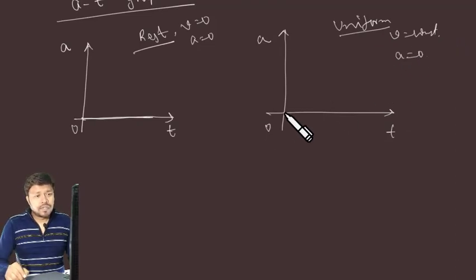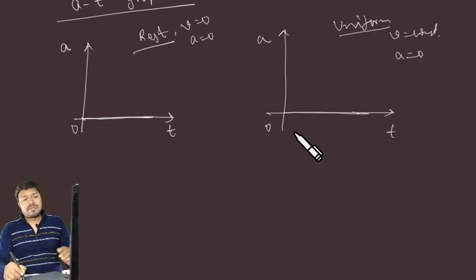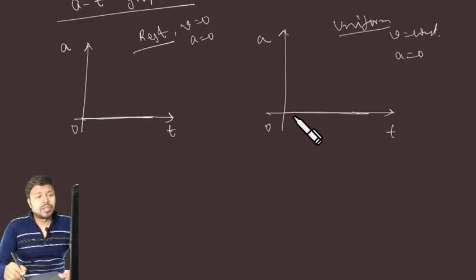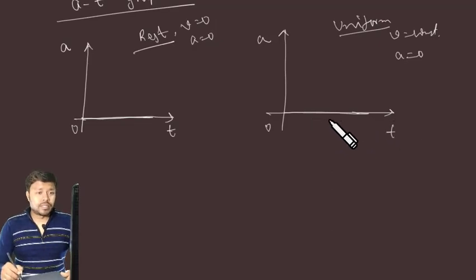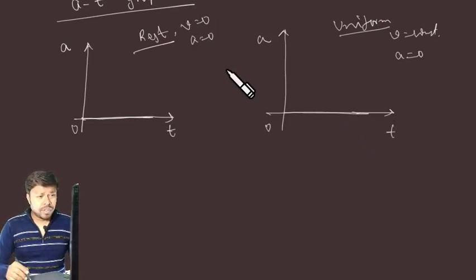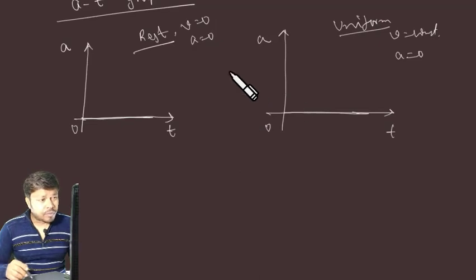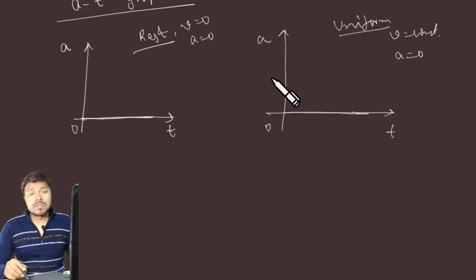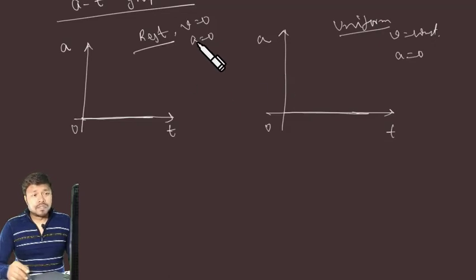Means again the graph would look like this. Simply the line through the t-axis. Alright, the graph will coincide with the t-axis. That means from the acceleration time graph, we cannot conclude whether the body is at rest or in uniform motion, because in both the cases acceleration is 0.